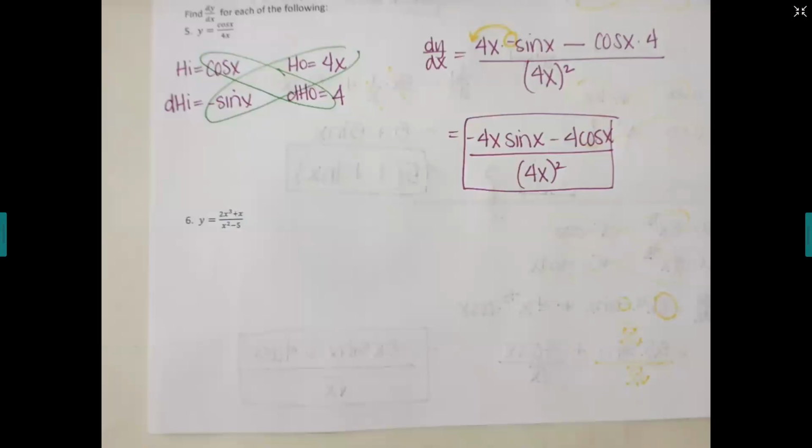Now put your pieces together in your quotient. D hi. Because you times the 2 down and then the x comes down. D hi minus hi D ho over ho squared. Now we're gonna time this out.